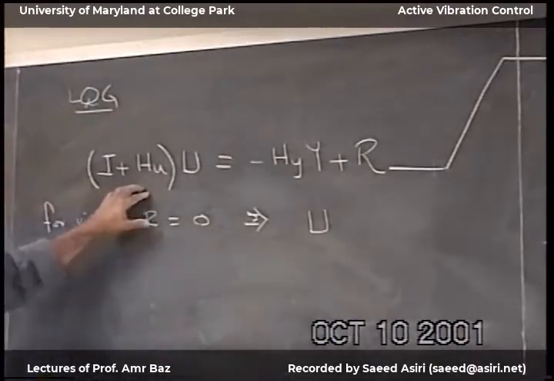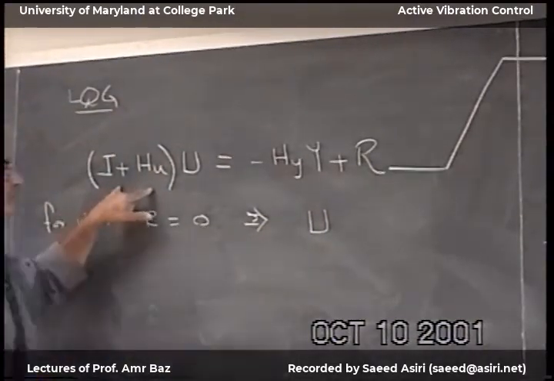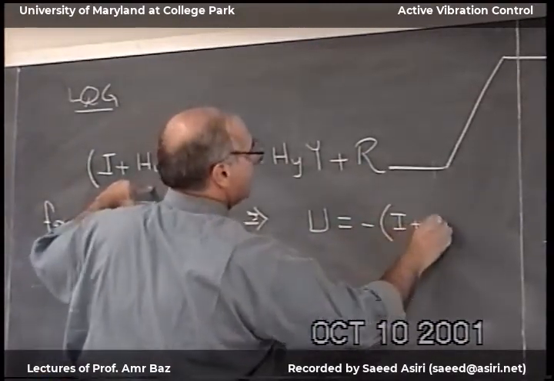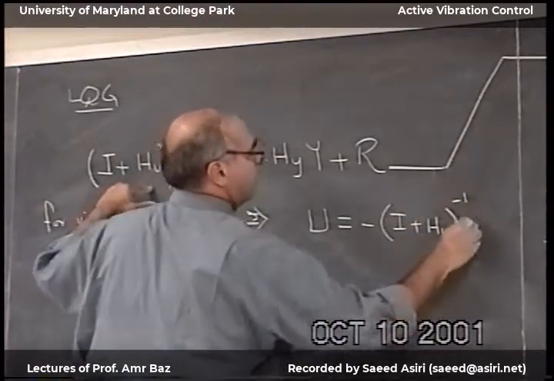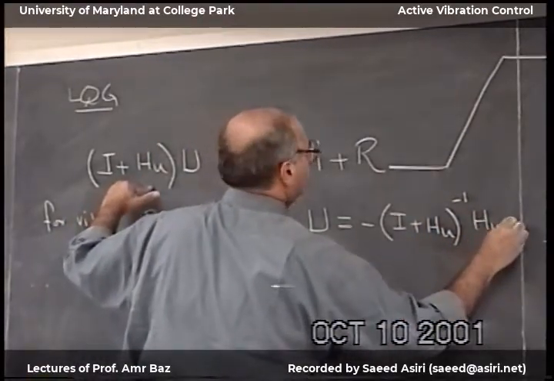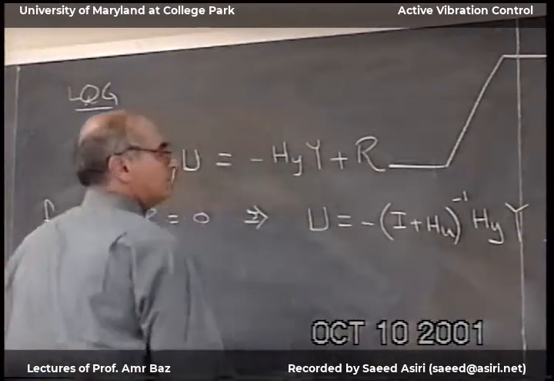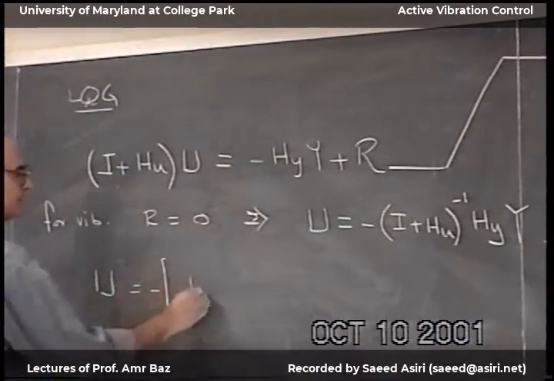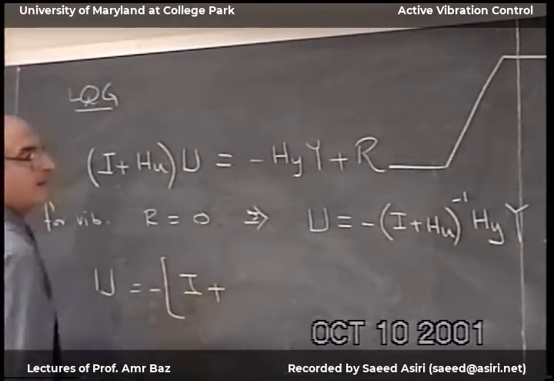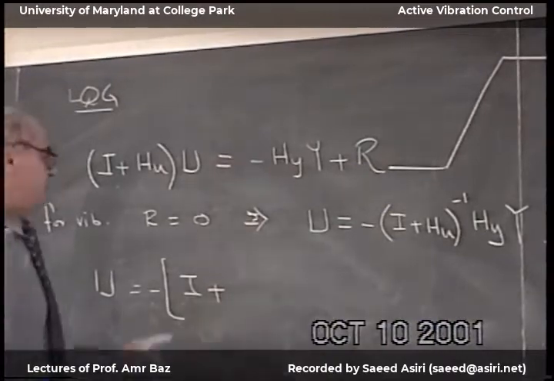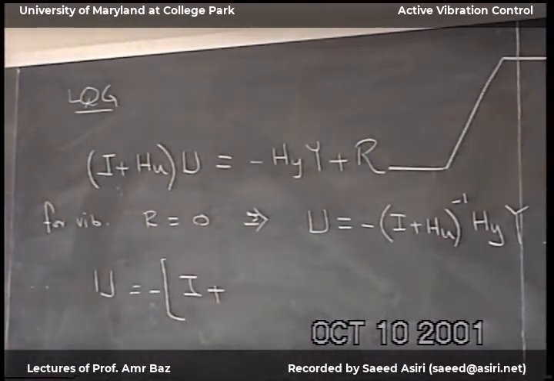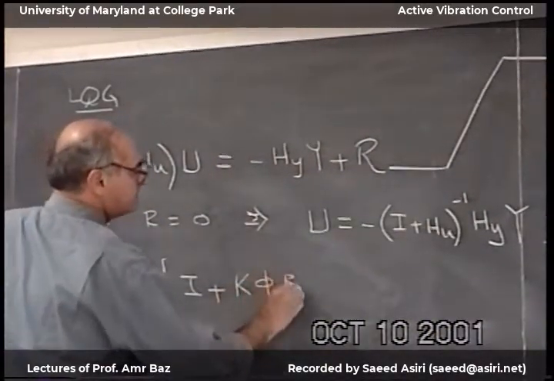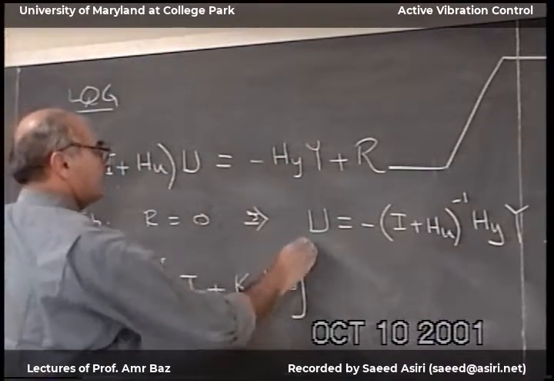And I can extract the u by inverting this matrix. Again, keep in mind that u is equal to minus (I plus Hu) inverse Hy times y.